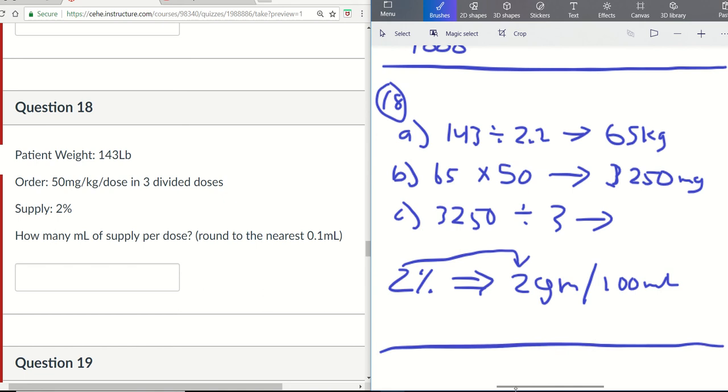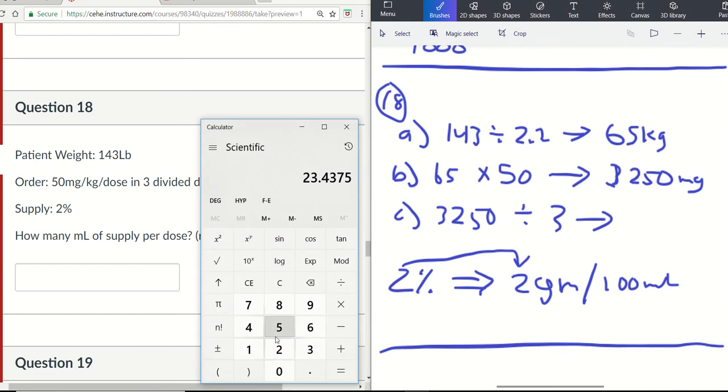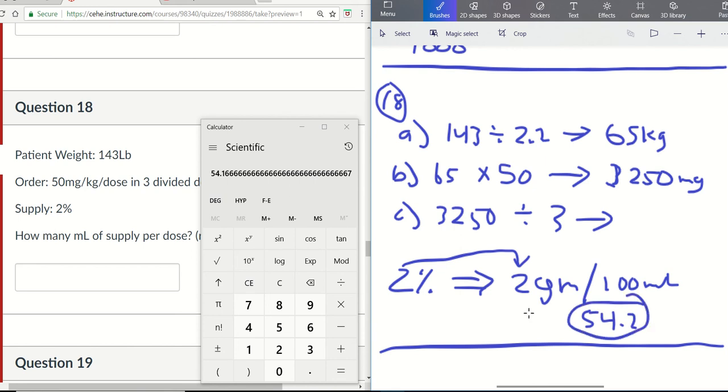All right, what do you guys come up with? 541.7. 54.2? Is that what you said?